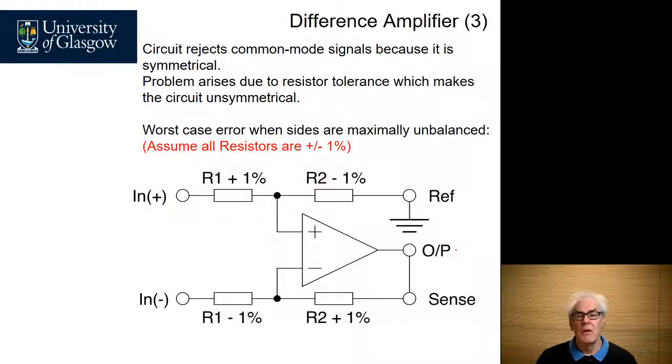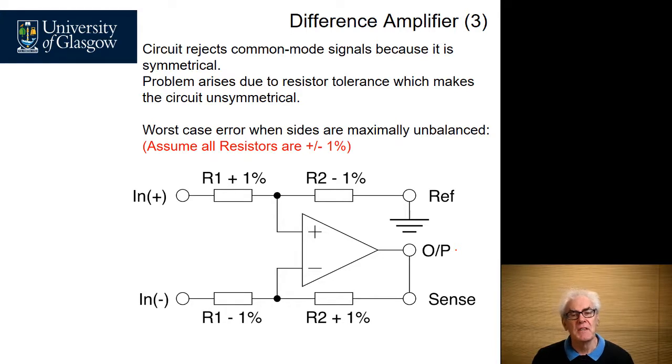This circuit rejects common mode signals because the whole circuit is symmetrical. But problems arise when resistor tolerance makes the circuit non-symmetric. The worst case error would be when the resistors on the positive and the negative inputs are maximally unbalanced.